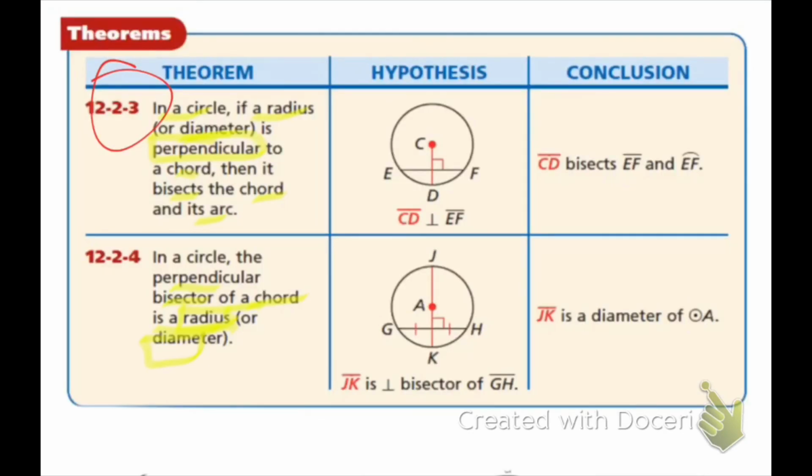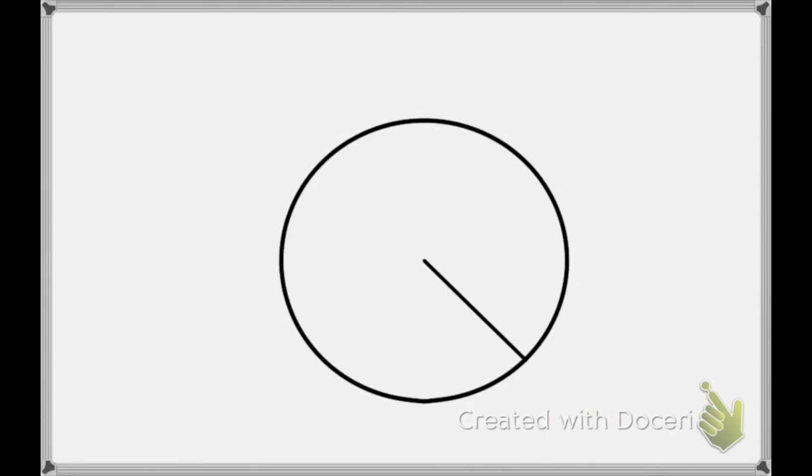Alright, so our next theorem, which is the converse of our first one, starts with a perpendicular bisector of a chord. So if you have a chord and you have a segment that is perpendicular to the chord and it bisects the chord, my conclusion is that the segment that does the bisecting of the chord and is perpendicular to it is either the radius or the diameter.